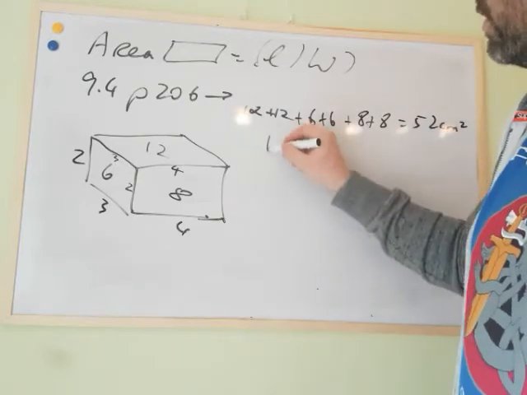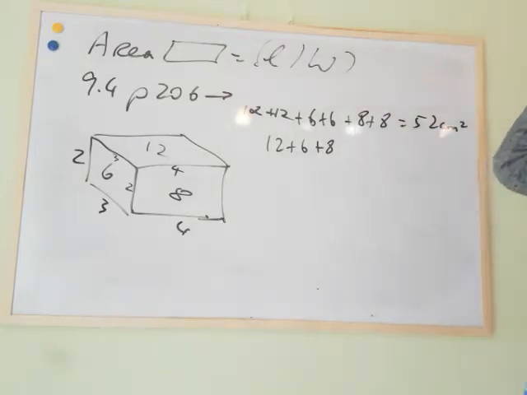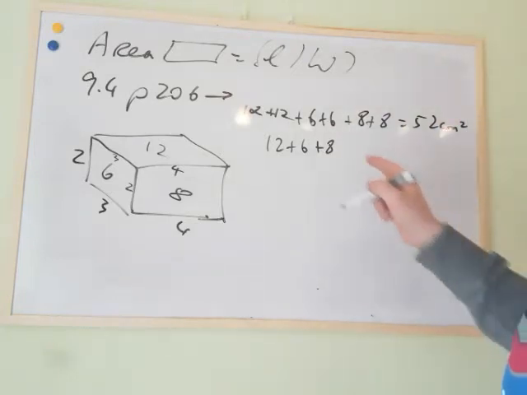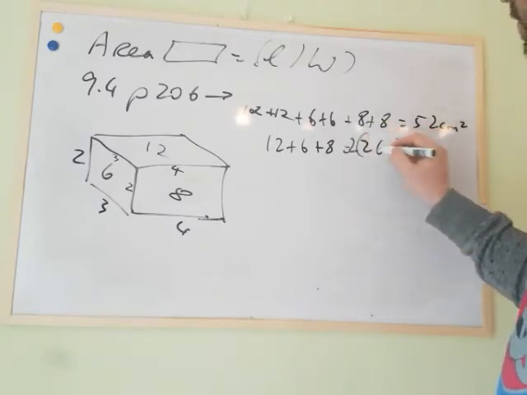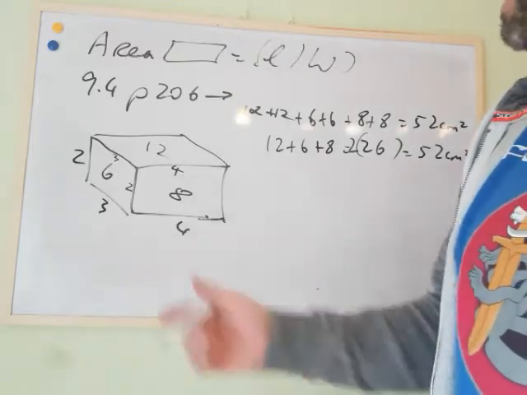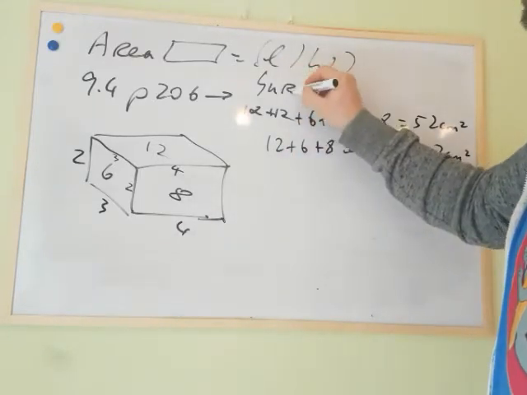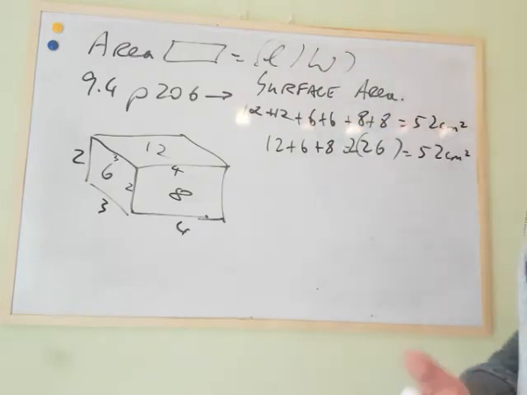Now what we could have also done is 12 plus 6 plus 8, which is 26, and then times that by 2, folks, which would have also given us 52 centimeters. Same thing. That is how we get the surface area of our rectangular solid.